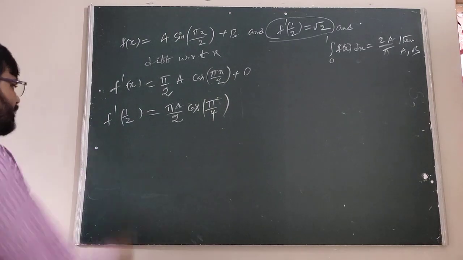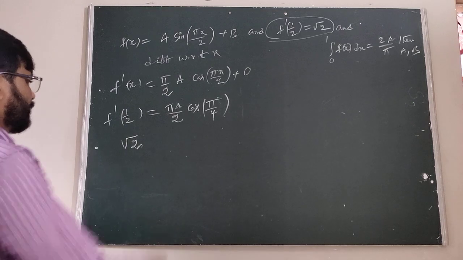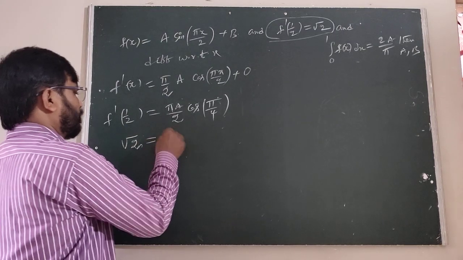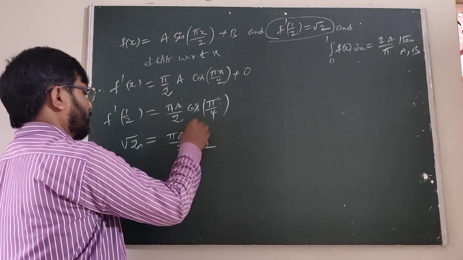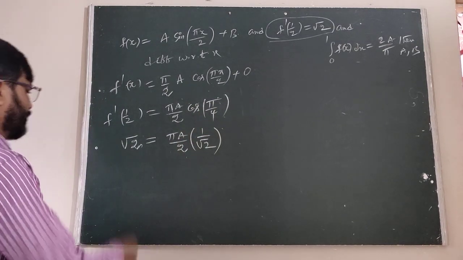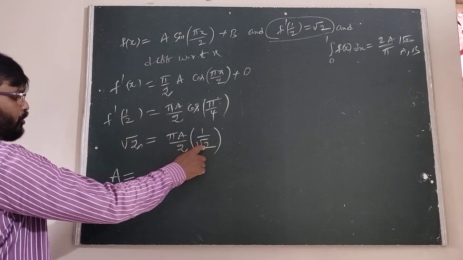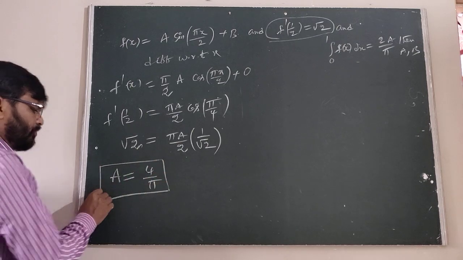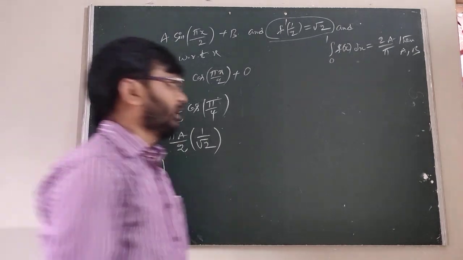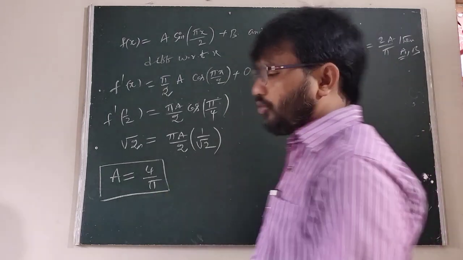It is given that f dash of 1 by 2 is root 2. Therefore, pi a by 2 times cos 45, which is 1 by root 2. Now a equals root 2 into root 2, 2 into 2, 4 by pi is the value of a. Now we have found the value of a, the value of a is 4 by pi.